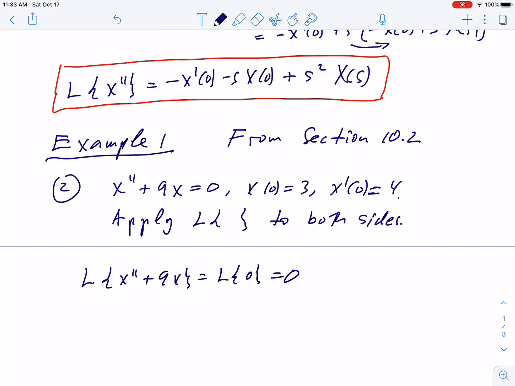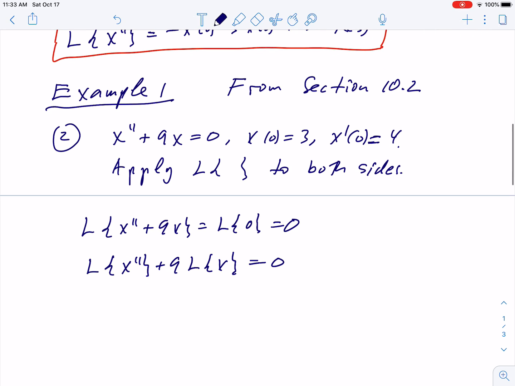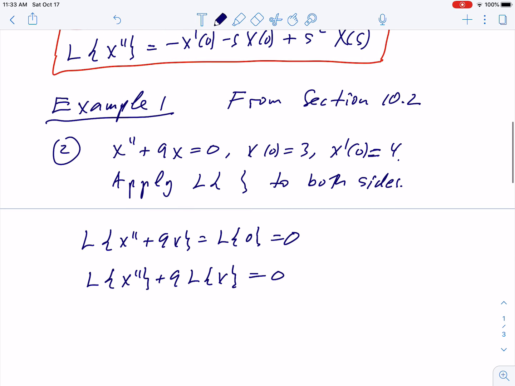And here we distribute to the second derivative and 9x will be Laplace x second plus 9 Laplace x equals 0. For the second derivative, we use the formula from above. And Lx is the big X. So we have minus x prime 0 minus s x0 plus s squared big X of s plus 9 times big X of s equals 0.